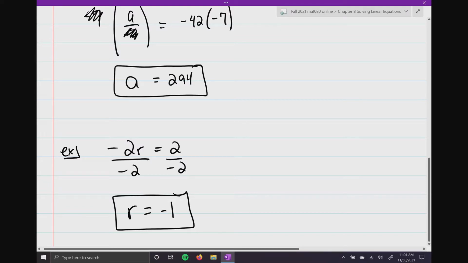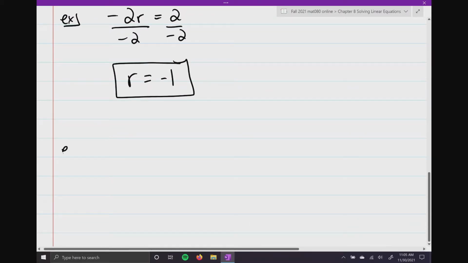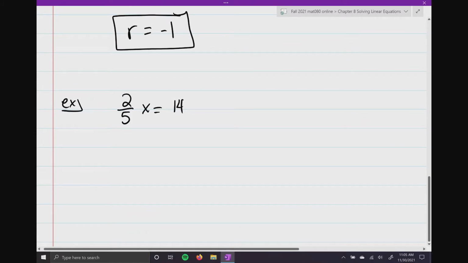Okay? Now, sometimes the problems can get a little bit more intense, like this. 2 over 5x equals 14. Okay? Well, with here, what I'm going to do is multiply both sides of my equation by my denominator. Now, if you're asking yourself, well, how did you know how to do that?